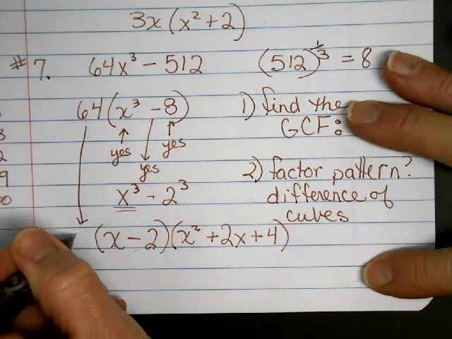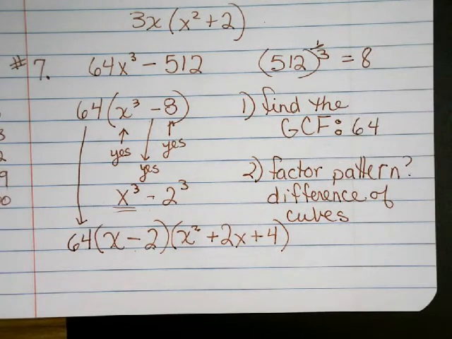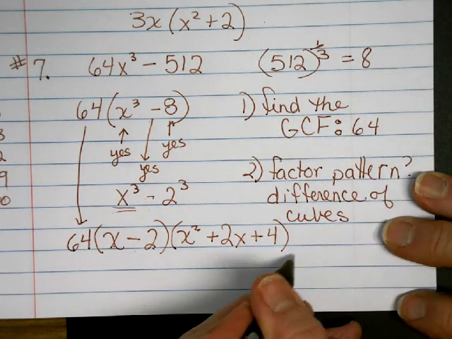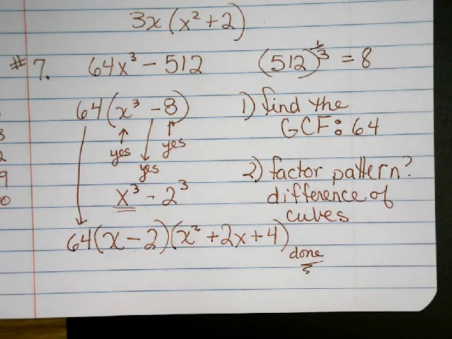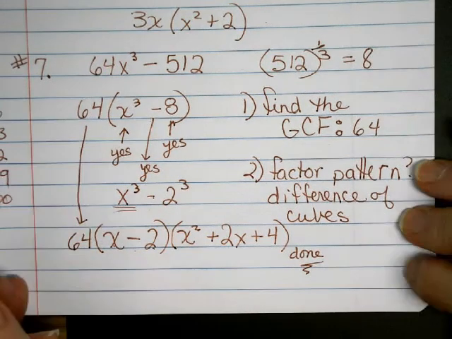And if I multiply this all back out, don't want to forget my 64. That's an easy mistake to make, is forgetting the greatest common factor you took out. That's why it's really important to write everything down in steps vertically when that 64 comes down. And this is what you'll enter into your software.